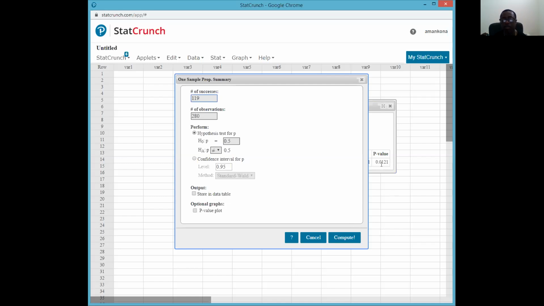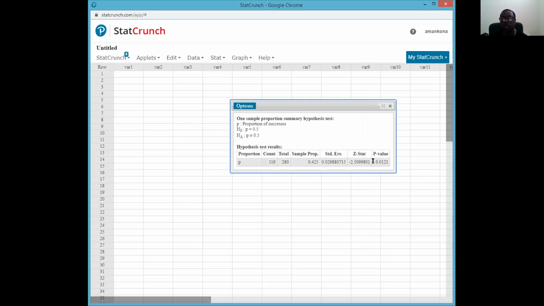Oh, the p-value, I think I got that wrong. The p-value is 0.012. Because if you do the table, I believe you get 0.006. Let me go back and check that. Okay, we go to the table, making sure we got that right.